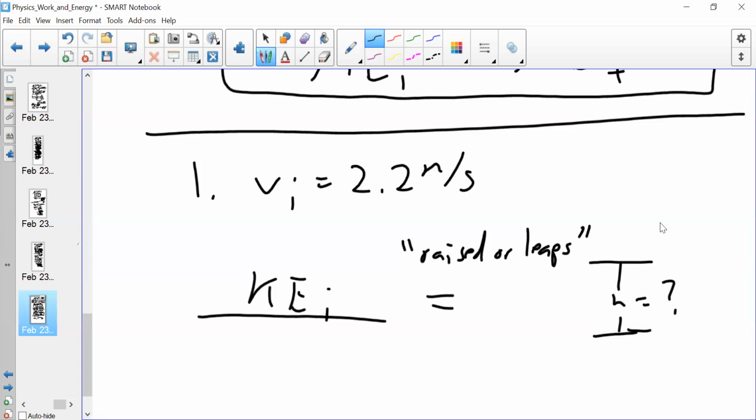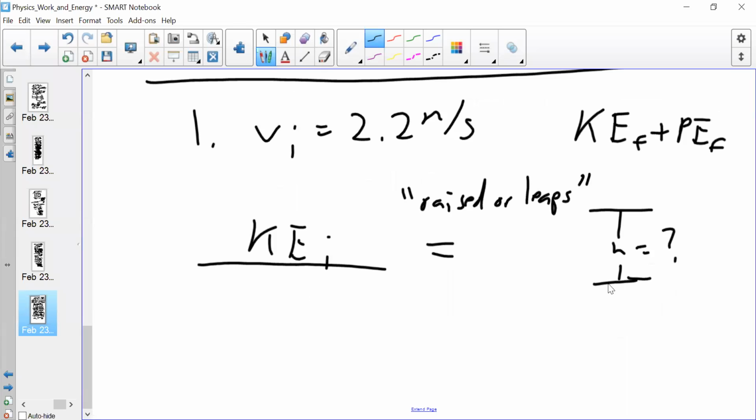It kind of depends on how you read the problem, but as he leaps over this bar, the final energy will be comprised of kinetic energy and potential because he's moving and in the air. And we're just trying to figure out from the final potential energy term how high he's actually in the air.